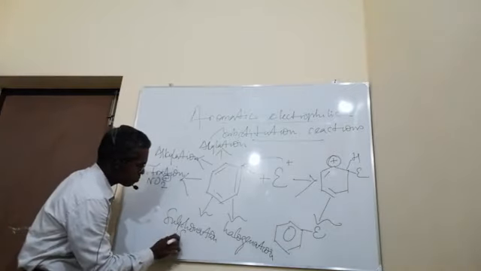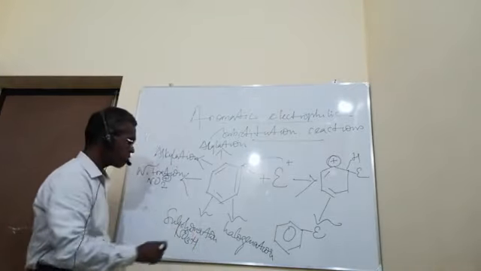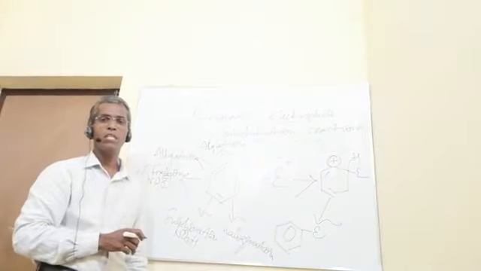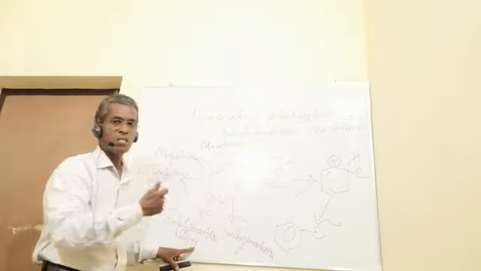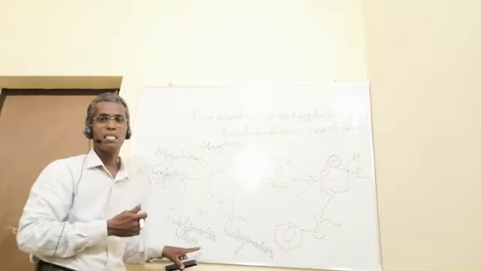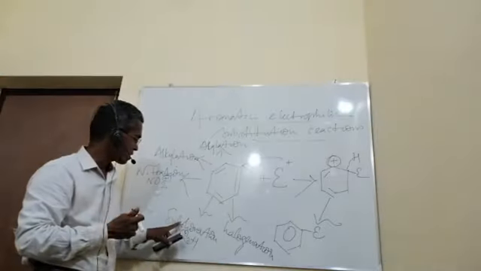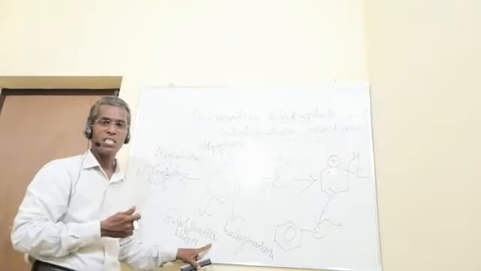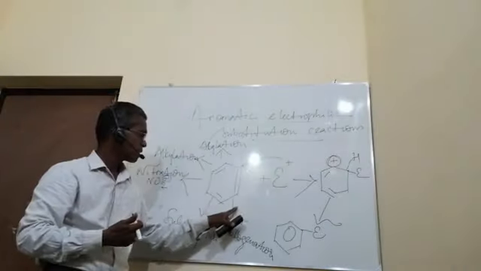Instead, if you introduce the SO3H group into benzene, ultimately the product is sulfonated benzene, benzene sulfonic acid. In that case, the reaction is called a sulfonation reaction, because you are sulfonating benzene.